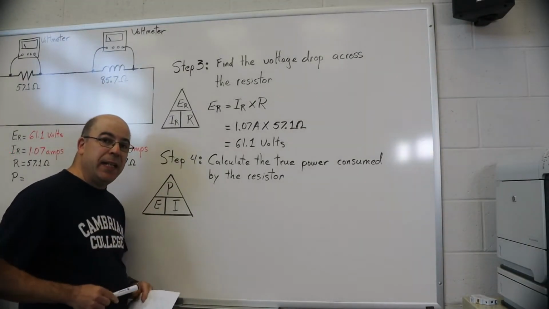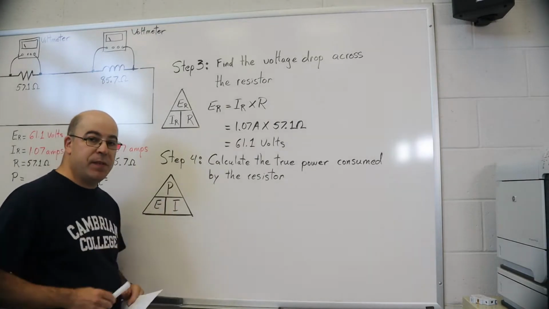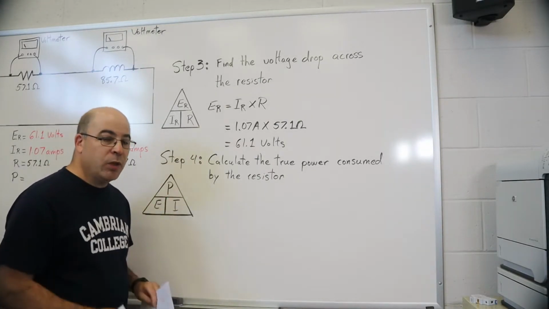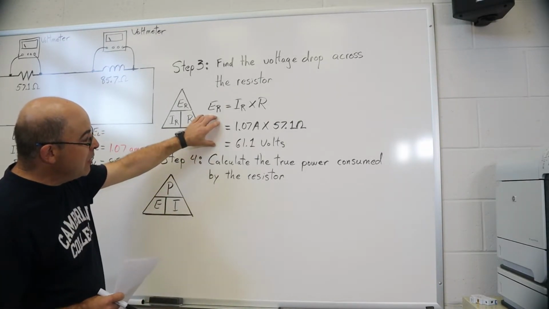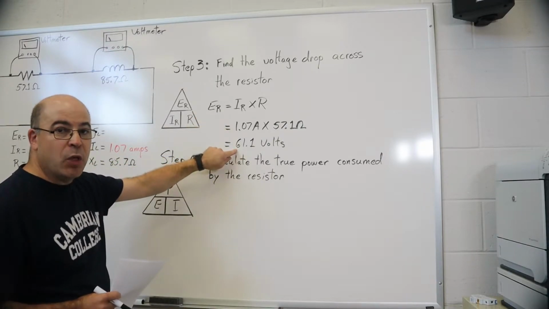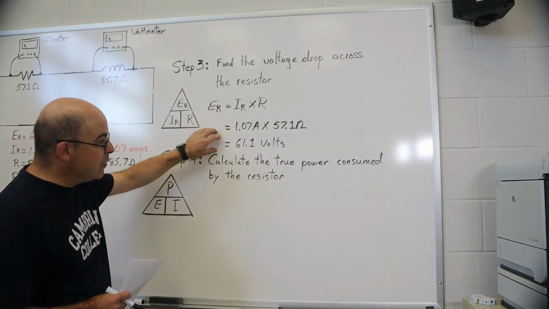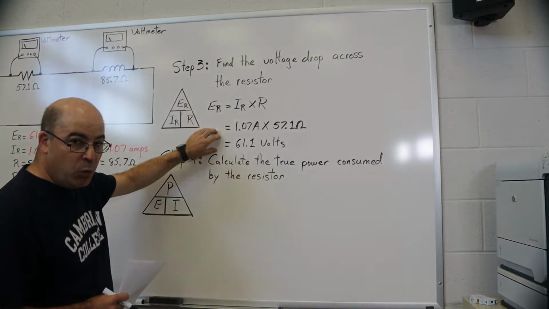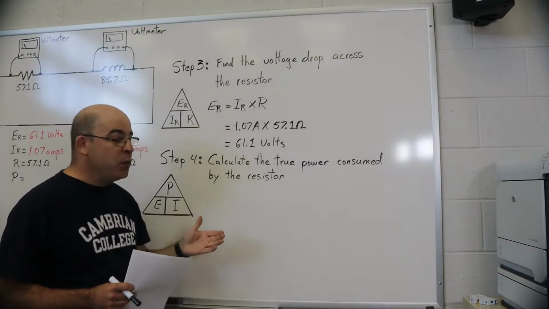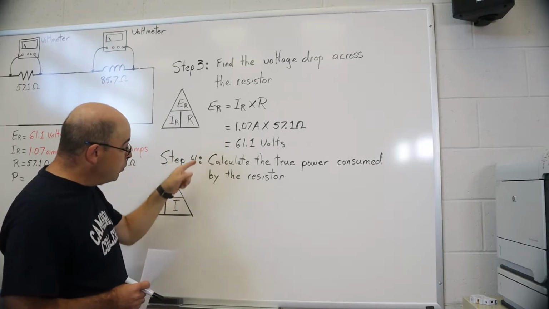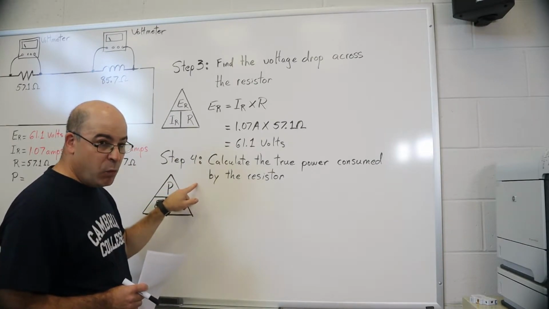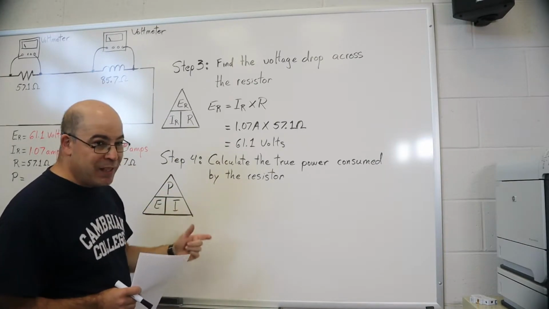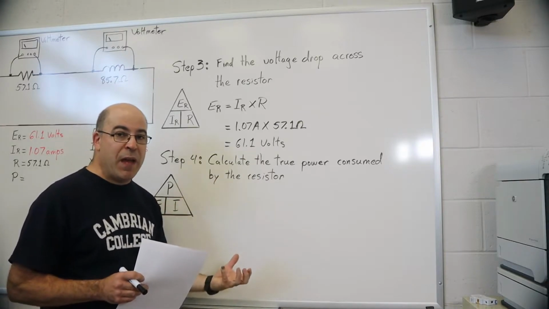Step 4 involves calculating the true power consumed by the resistor. I tend to work where I've already calculated the voltage drop across the resistor, and I find it far more efficient that I still have this value in my calculator, that I'll proceed to go to step 4, calculating the power, because I only have to input one other value.